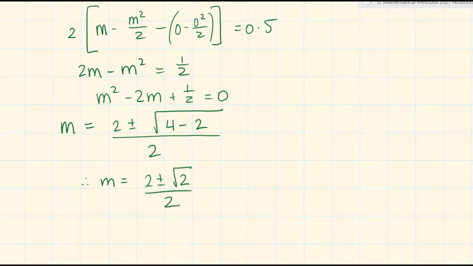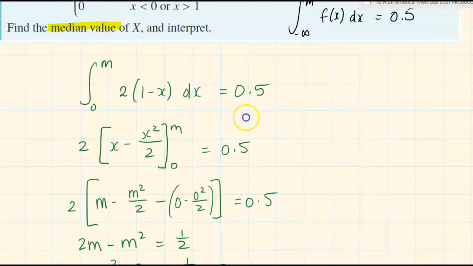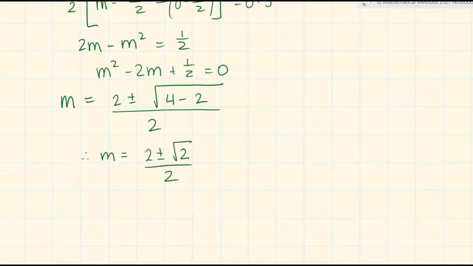Tech active now. Do you want to talk me through the calculator? No, you need to think about which one lies within the domain. Yeah, right. Okay. So we've got 2 solutions here. One of the solutions, what is the square root of 2 roughly?